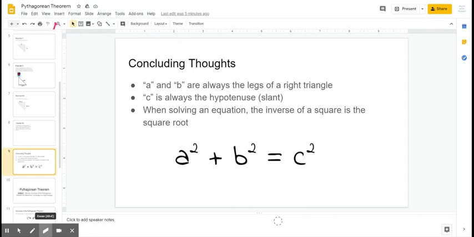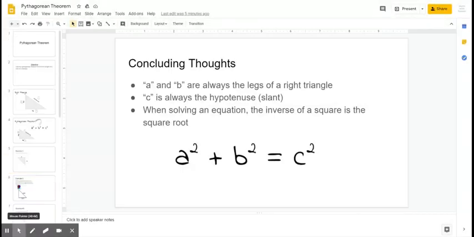C is always the hypotenuse or the slant or the diagonal, whatever you want to call it, of the triangle. And when solving an equation, the inverse of a square is a square root. So that is extremely important for you to know. All right, that is it. I hope you learned how to use the Pythagorean theorem. Thank you for watching.